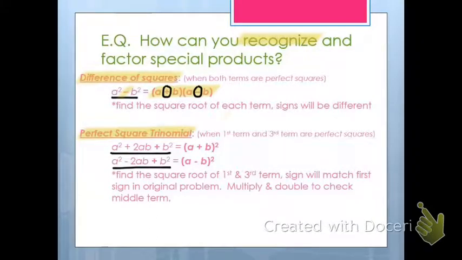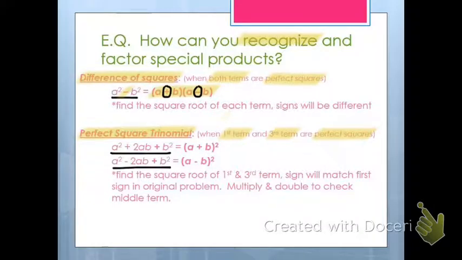So I would highlight first term, I would highlight third term, and I would highlight perfect squares. And if you wanted to, next to difference of squares, you could highlight both terms and perfect squares. But a perfect square trinomial, only the first term and the third term are going to be perfect squares.